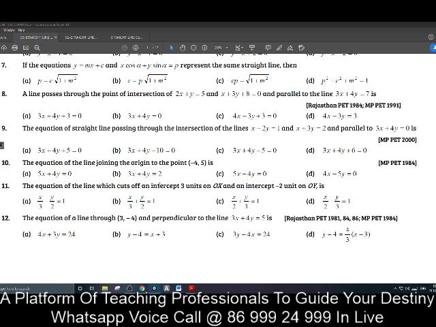If the equation y is equal to mx plus c and x cos alpha plus y sin alpha is equal to p represent the same straight line, then, this is also an important concept. What is that?